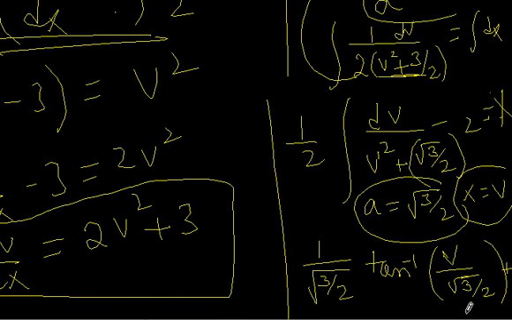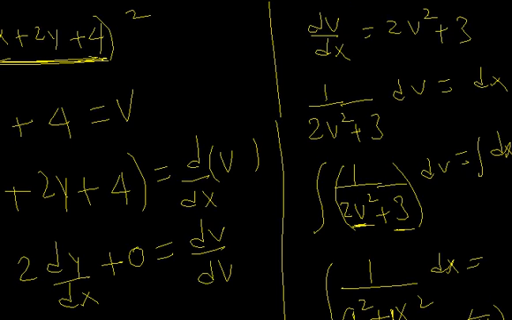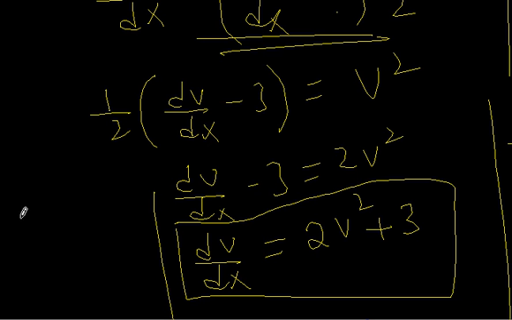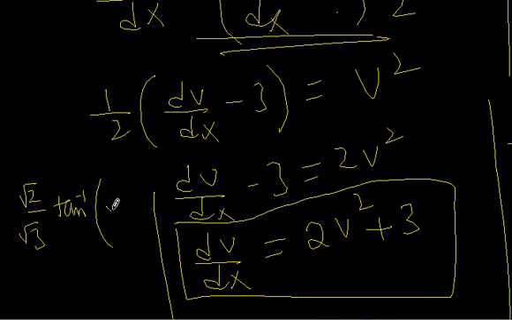I will simplify this further. So 1 over root of 3 by 2 is equal to root 2 over root 3 times tan inverse of root 2 over root 3 times v.